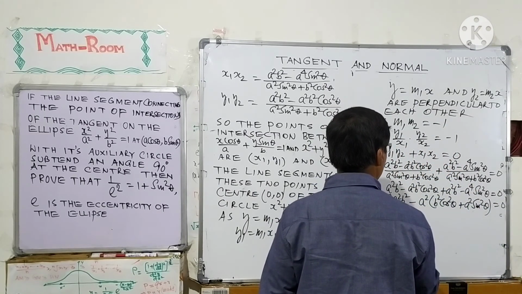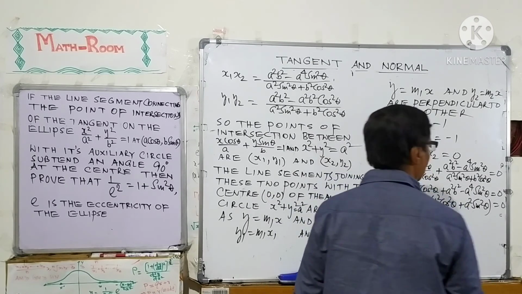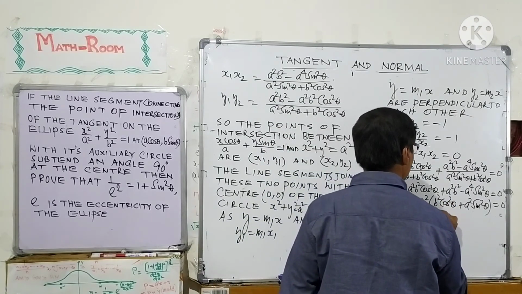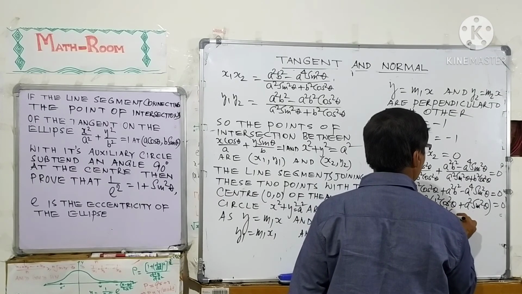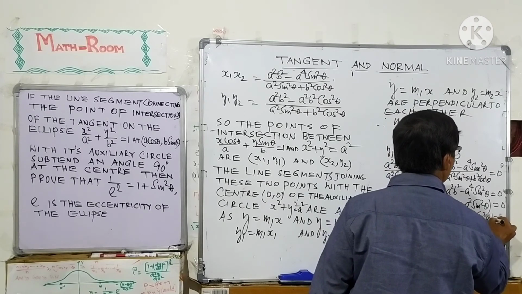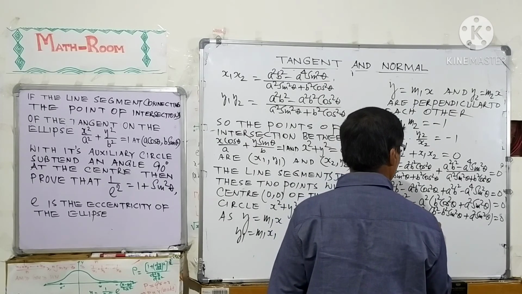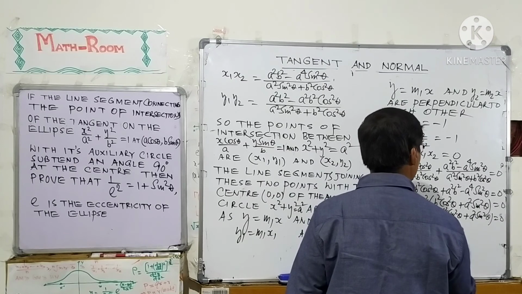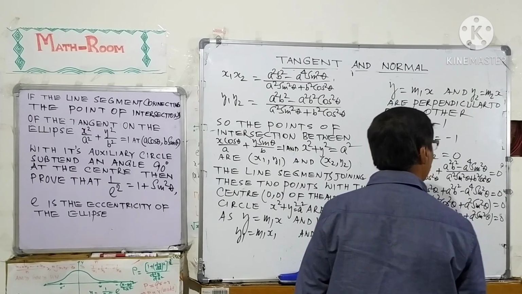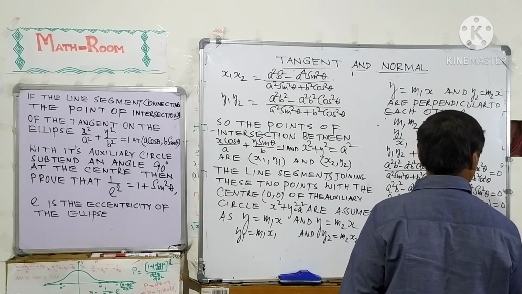Cos square theta is 1 minus sin square theta, so b square cos square theta equals b square minus b square sin square theta, plus a square sin square theta equal to 0. So, 2a square b square minus a square b square plus a square b square sin square theta minus a4 sin square theta equal to 0.